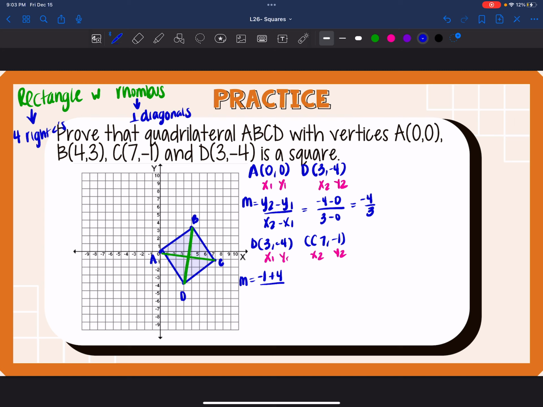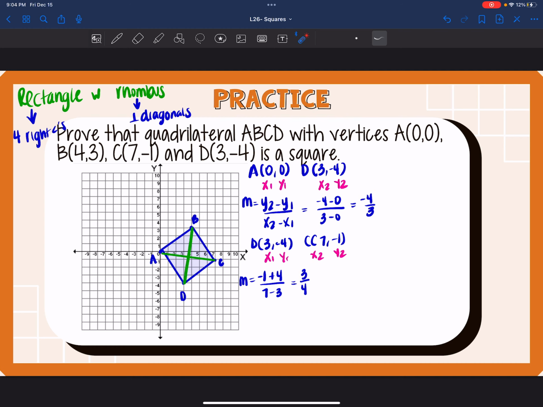The reason why this is plus is because it's negative 1 minus a negative 4. A negative minus a negative will be a positive. And then 7 minus 3. Negative 1 plus 4 is 3. 7 minus 3 is 4, which is great. We see here that our slopes are opposite reciprocals of each other. Therefore, angle D is a right angle.